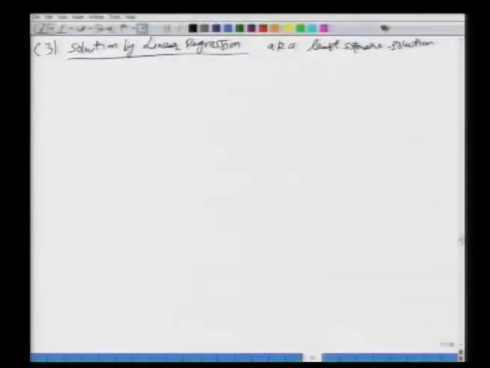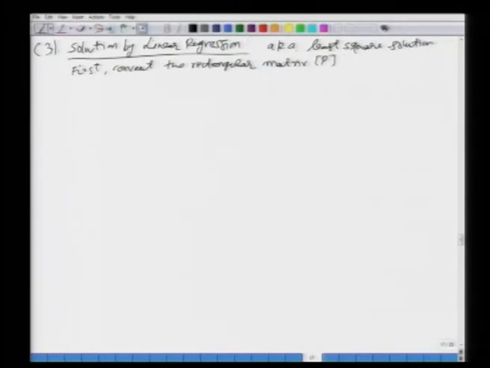So, what we actually do in this particular method is, we first convert the rectangular matrix of rainfalls, which is P, to a square matrix.